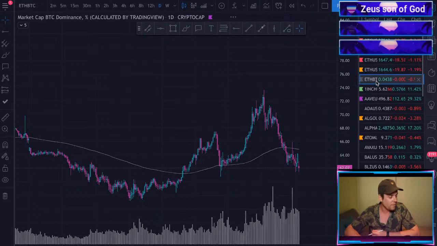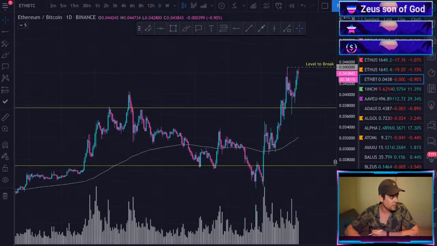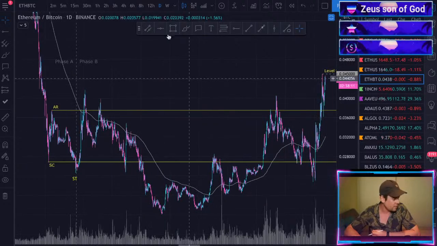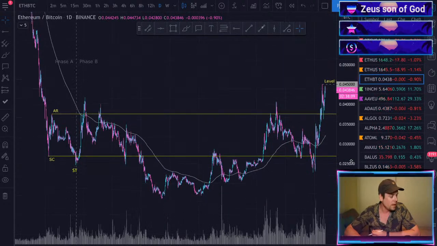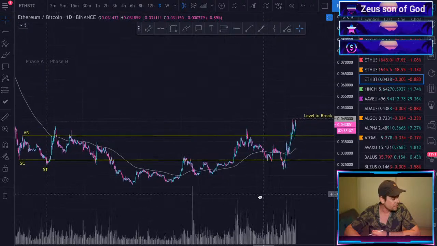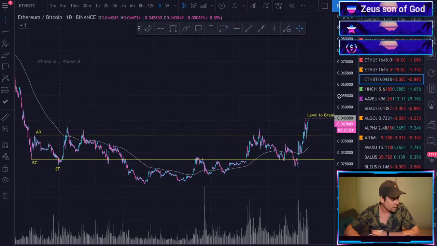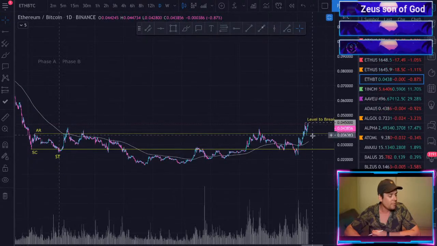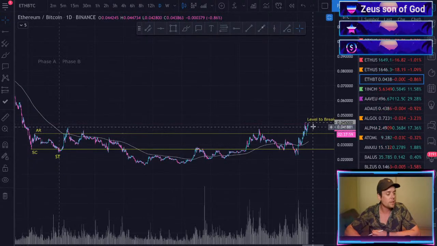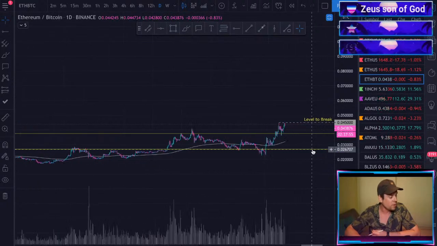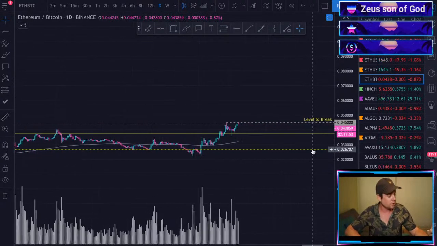Another one that I have also been taking a look at is the Ethereum Bitcoin chart on the daily. The daily's good. We've broken out of this long-term accumulation, and we're working out our backup phase right here. So this could take a while to work itself out. We don't know how long this consolidation can go on for.